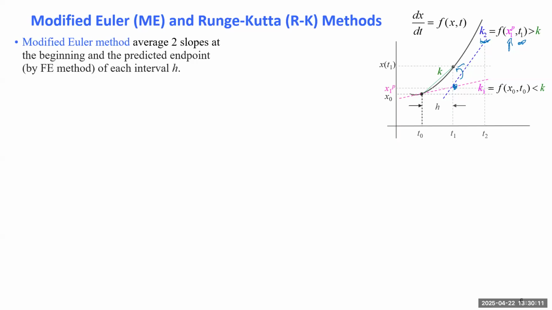But from this example, we know K1 is smaller than the accurate slope K, and K2 is bigger than the accurate K. So if I do an average, I should get something much better. So this is the average. Then I use this line as a tangent to predict the ending point. So now this dot will be the calculated state at the end of the first time interval. This one gets closer to the true solution.